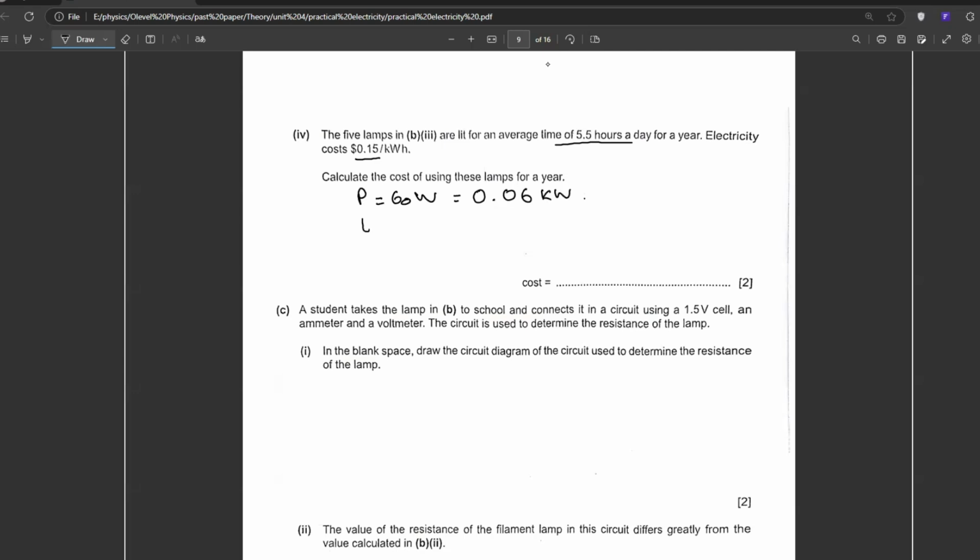Now, can I calculate the time in hours? Yes. 5.5 hours per day. There are 365 days. 5.5 times 365 gives you the number of hours. That is 2007.5 hours.